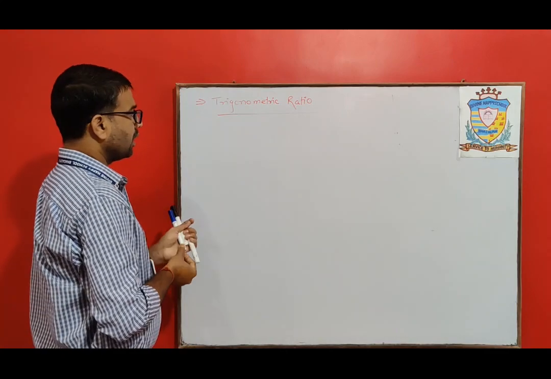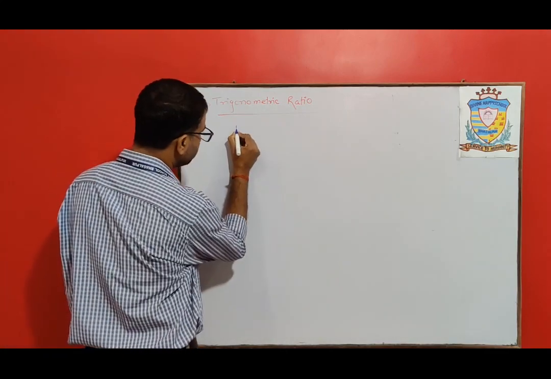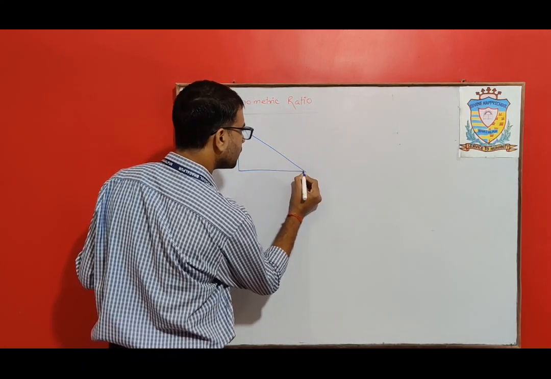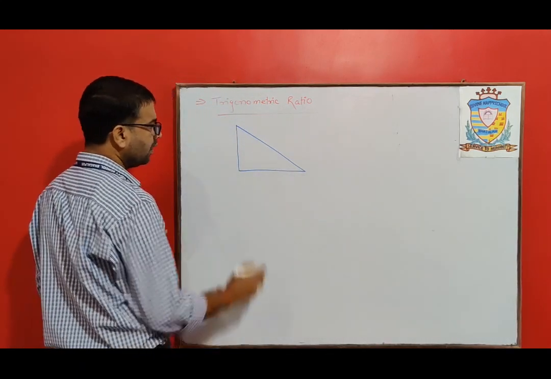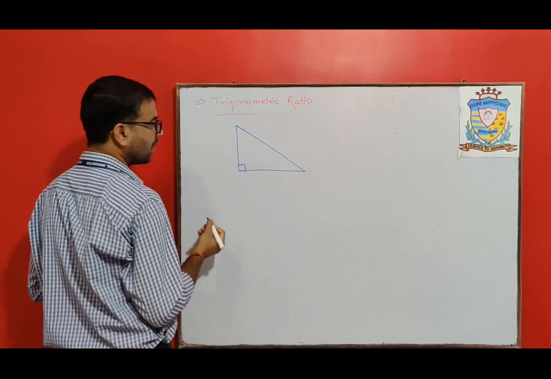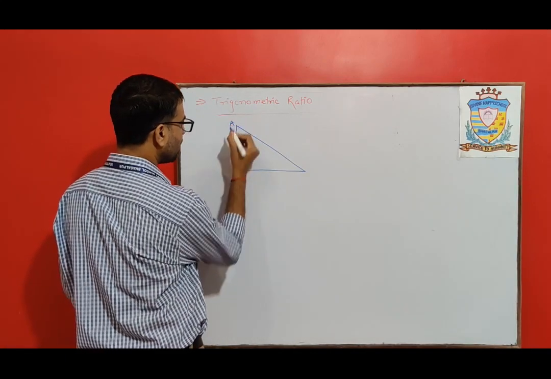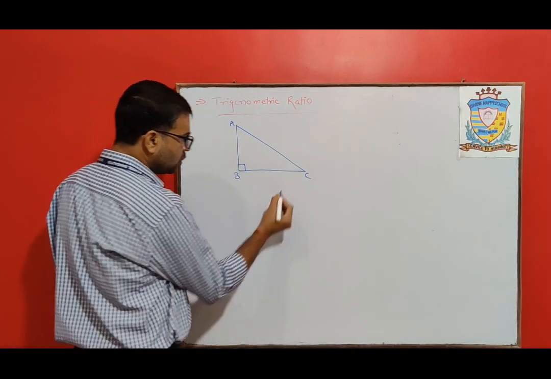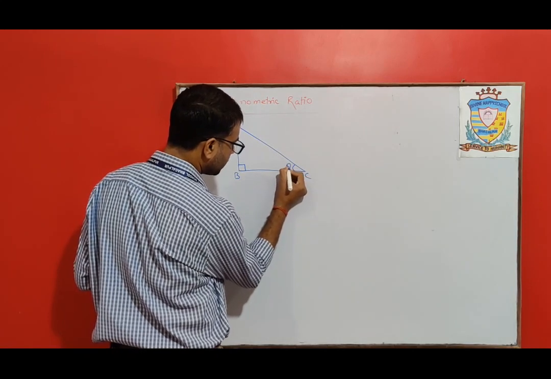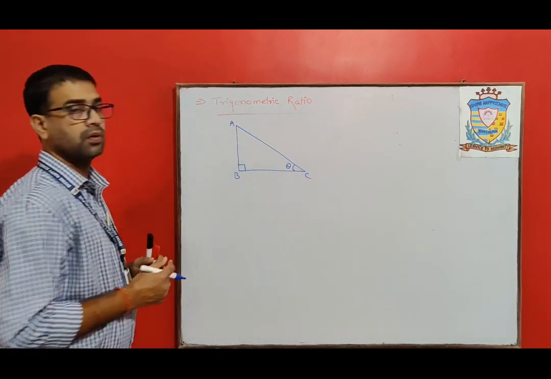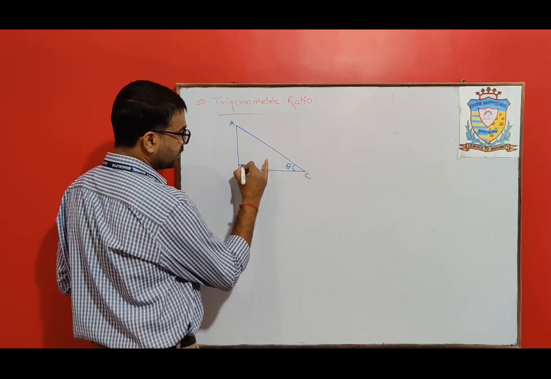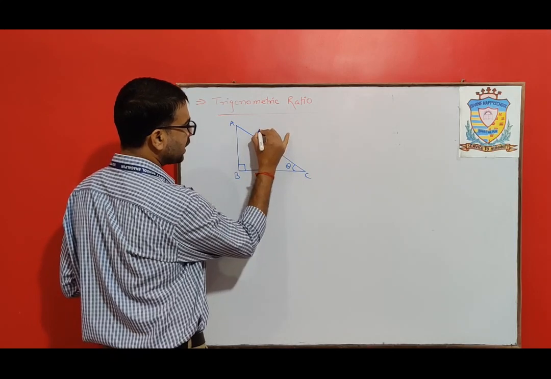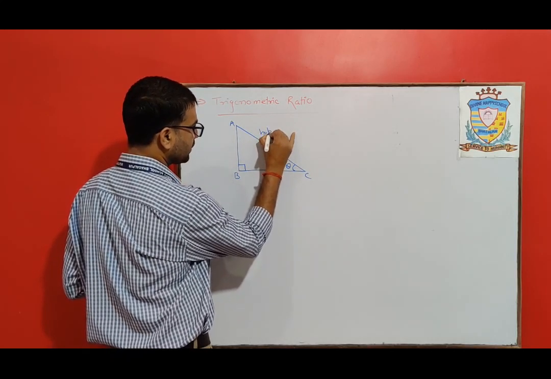Here, in a right angle triangle, if this is 90 degree, suppose this is A, B, C. Assume this angle C is theta. Okay. So the side in front of this 90 degree, or you can say longest side, is known as the hypotenuse.